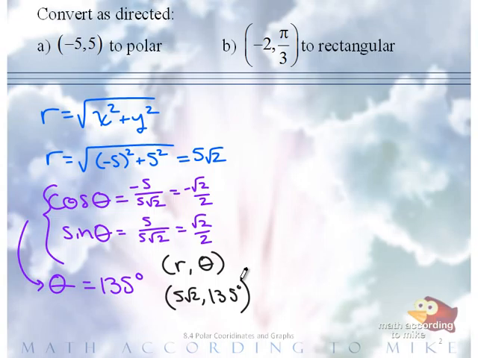Now that is the most obvious answer. However, as we discussed, if you go around a full rotation, you get another point for polar. No, we're only going to list one. But technically yes.